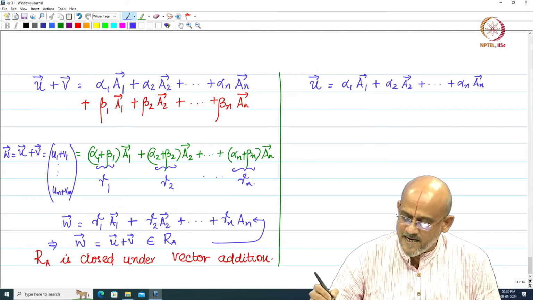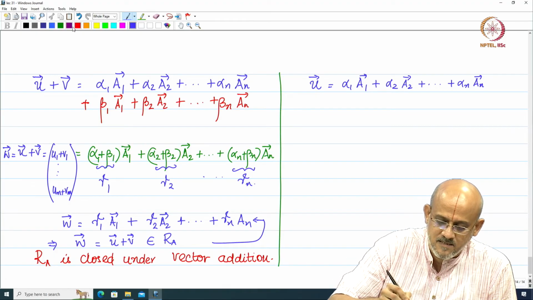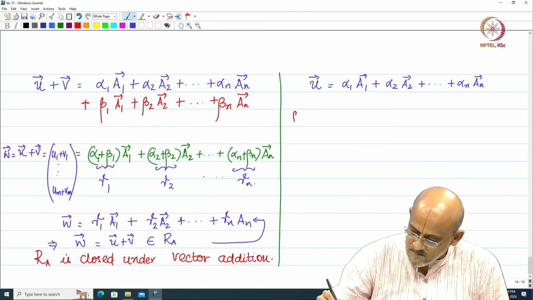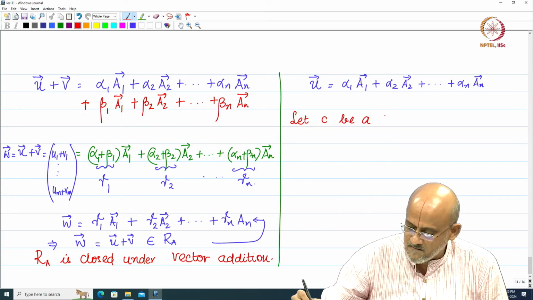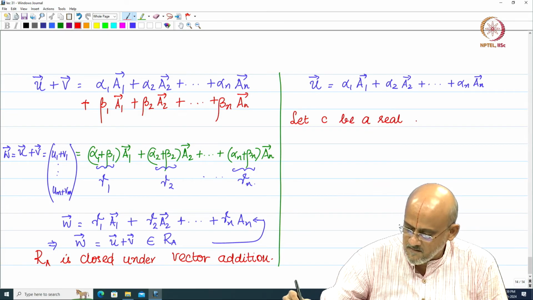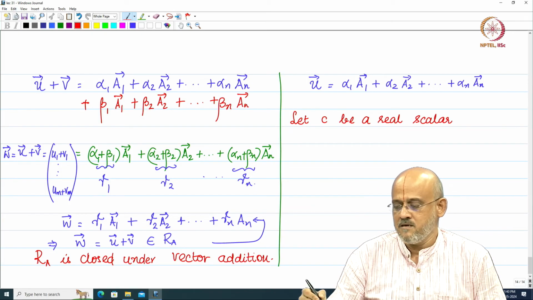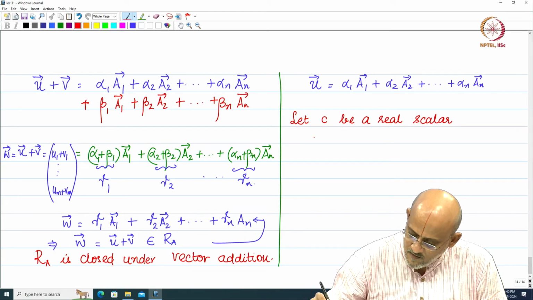Now, what I do, I take a scalar multiple of this vector u. Let C be a real scalar. Now, we want to check this, and then I look at the scalar multiple of u. So, what is C u?